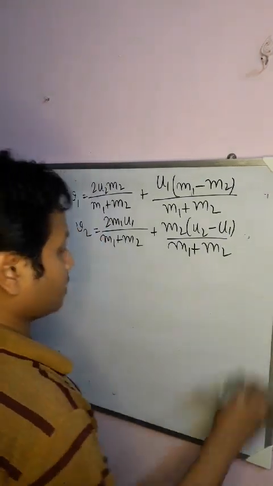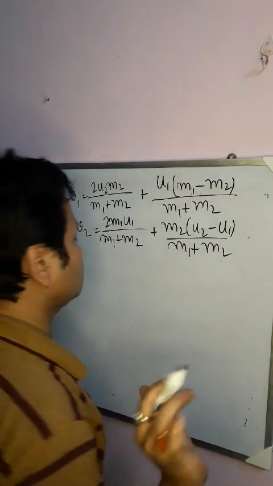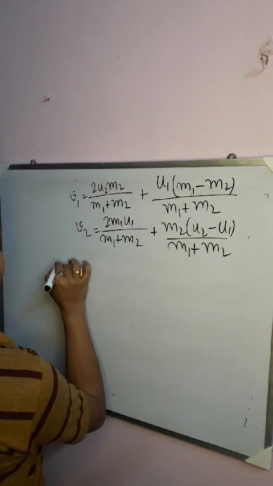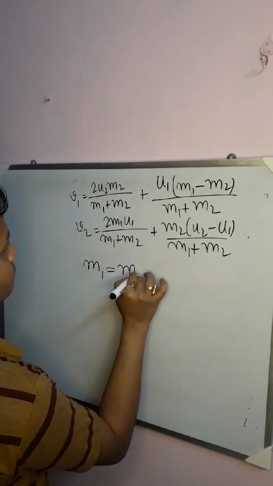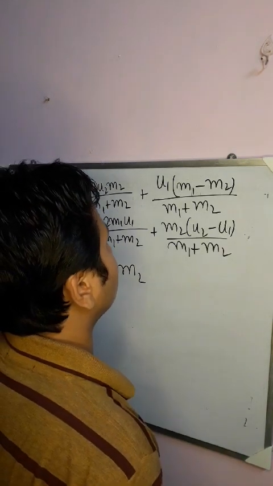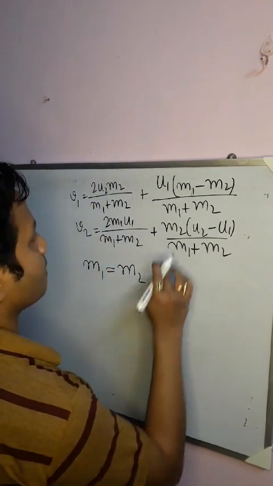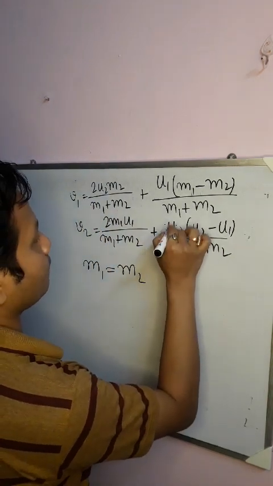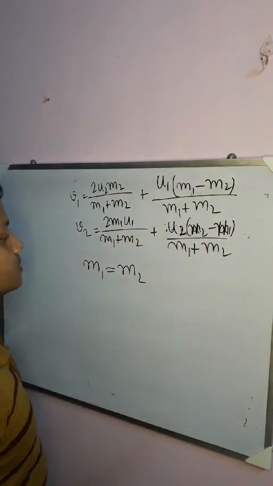Okay, now we shall discuss one special case today: what happens if both the objects are of the same mass?